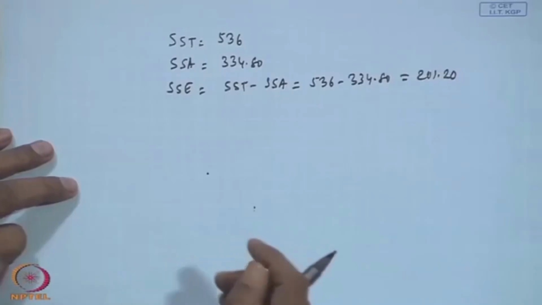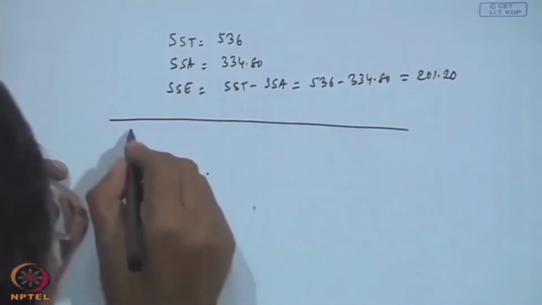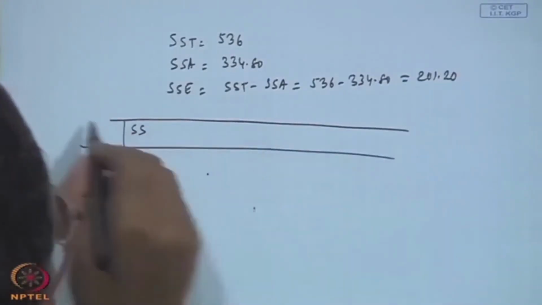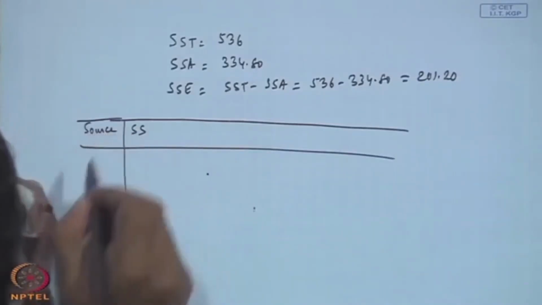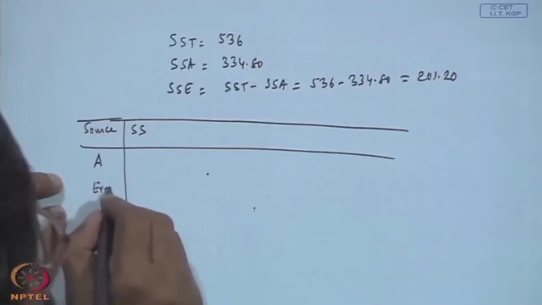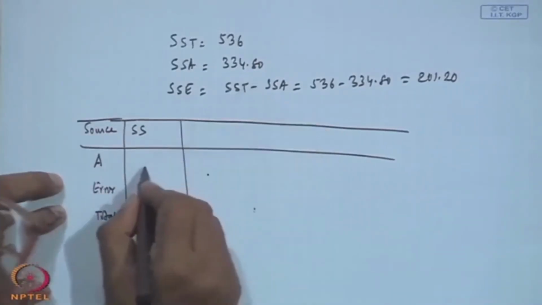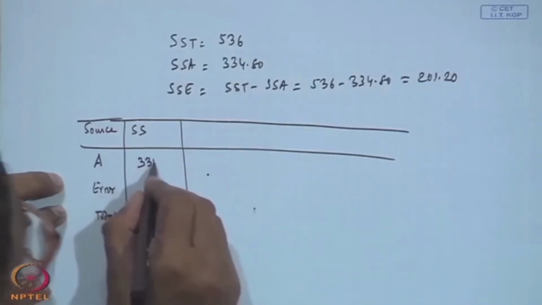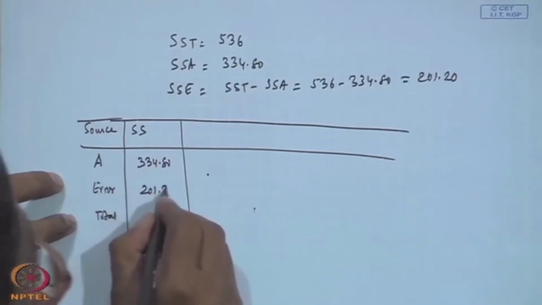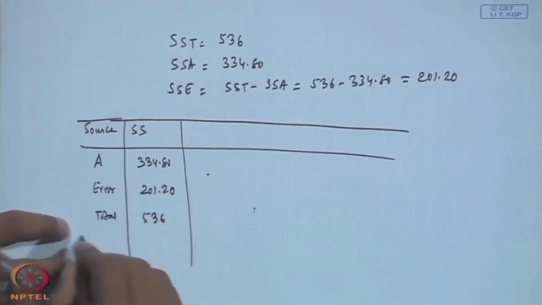We have already seen the ANOVA table for this. The sources of variation: first is population A, then error, then total. Then SSA is our 334.80, SSE is 201.20, and SST is 536.